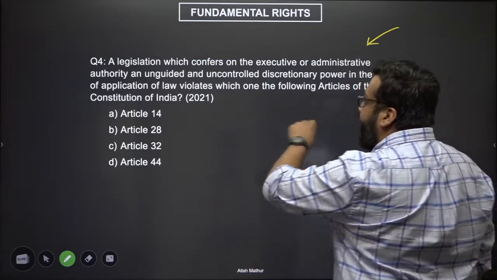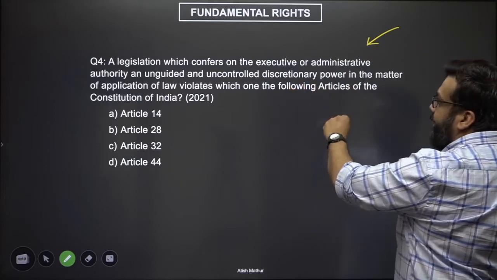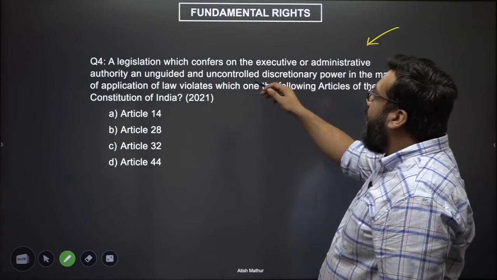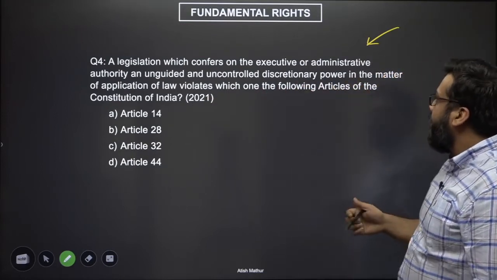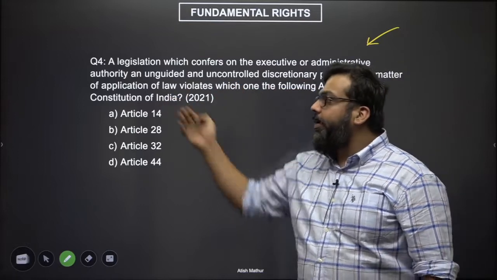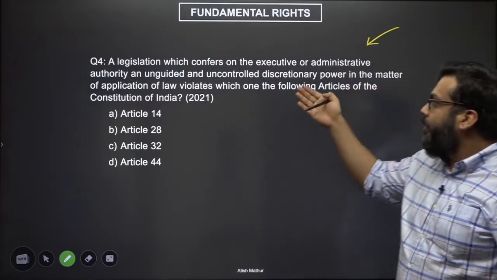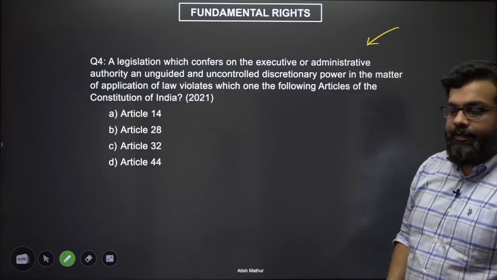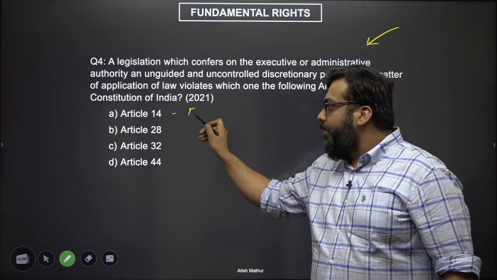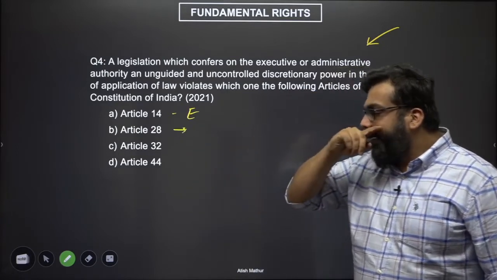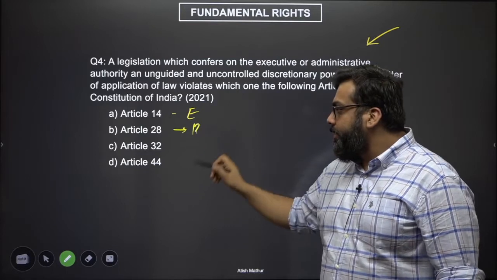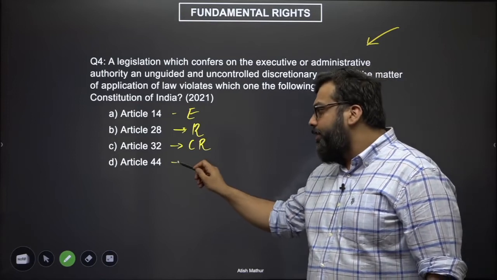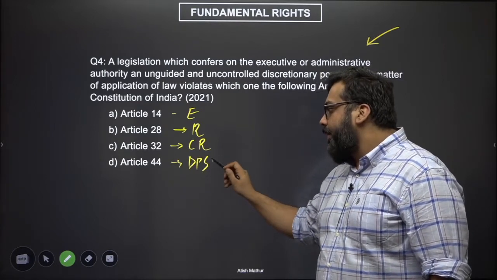A legislation which confers on the executive or the administrative authority an unguided and uncontrolled discretionary power in the matter of application of law violates which one of the following articles of the Constitution? Seems tough. Article 14, which is equality before law. Article 28, which is related to religious institutions. Article 32, which is constitutional remedies. And Article 44, which is a directive principle of state policy.